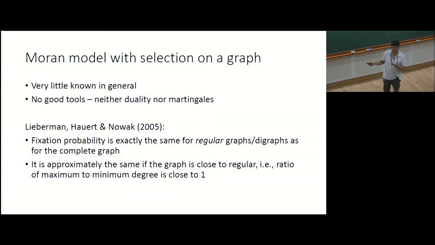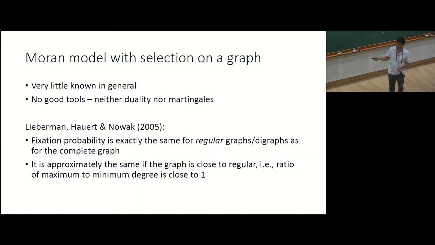And so your random walk probabilities are exactly the same as if it were a complete graph. And if the graph is close to regular, so the ratio of maximum to minimum degree is close to 1, then you can still push through this argument and show that fixation happens with strictly positive probability as n goes to infinity.